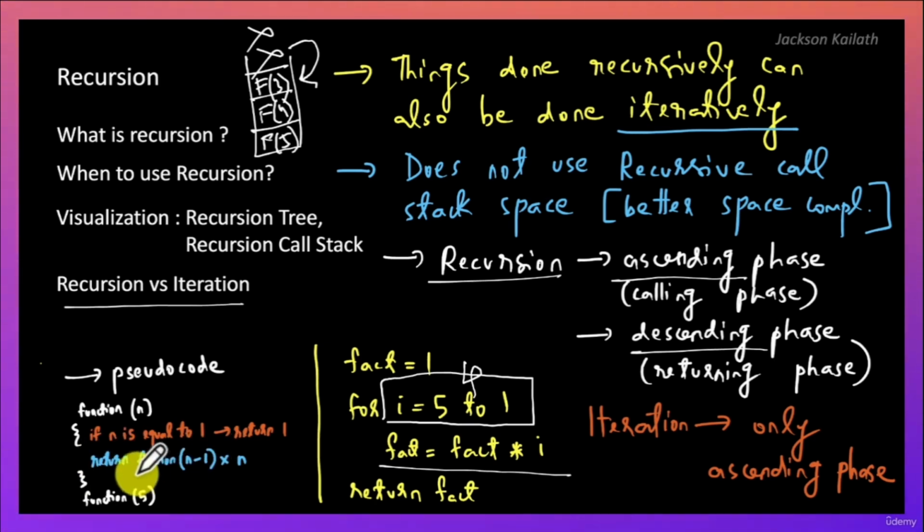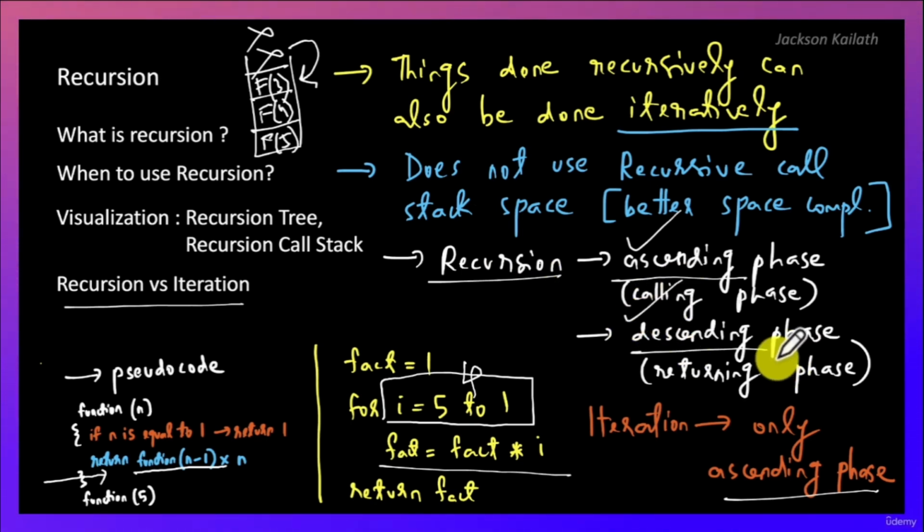Notice that we are again over here when we get the value, right? When we get the value of f of 2, we are over here, and we can do more things over here. I could print something, or I could do some other operations. So recursion has not only an ascending phase, which is what iteration has, but recursion also has a descending phase. So this is something interesting which we can use in different questions.